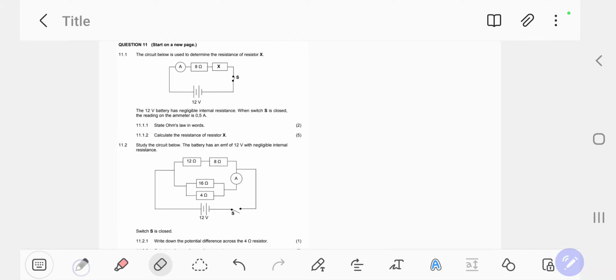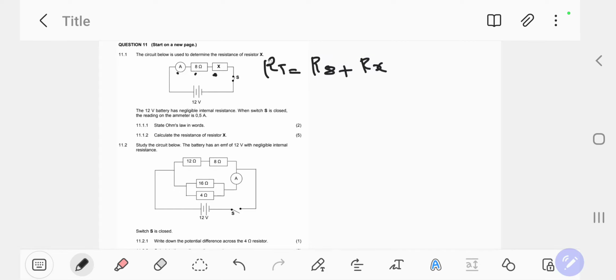The next question says calculate the resistance of resistor X. Look at where resistor X is, and from there you have the ammeter. You've got 2 resistors, and they are connected in series. To get resistor X, you can use this formula: RT equals R8 plus RX.